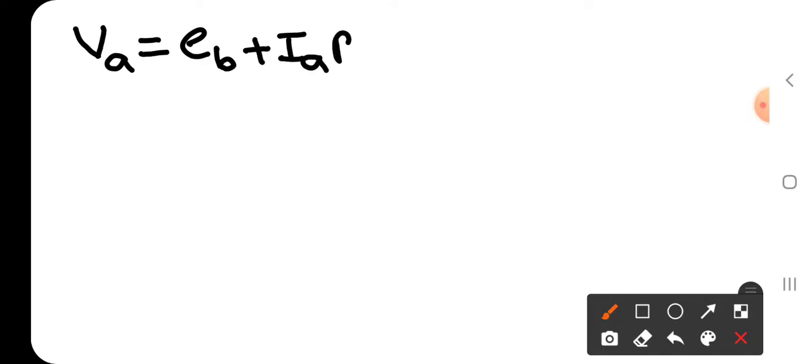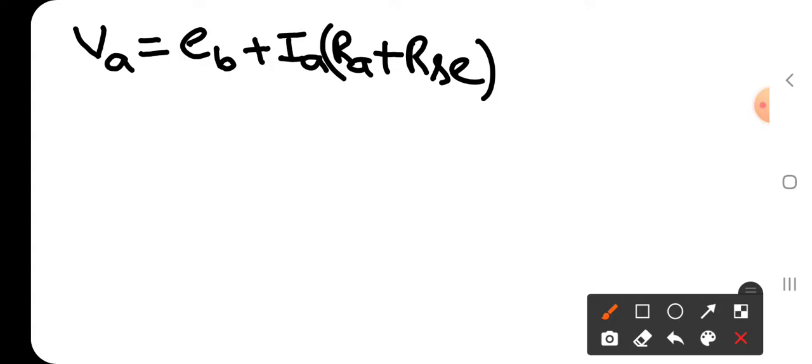We know that VA is equal to EB plus IA into (RA plus RSE). This is the motor voltage equation.